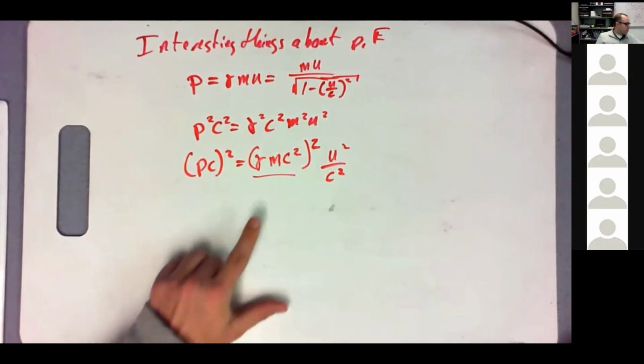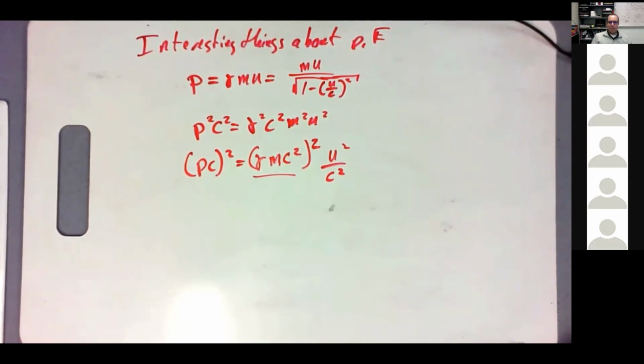But back to my question, what is this gamma mc squared? We defined that on the previous page. The mass energy, mc squared, is mass energy. What is gamma mc squared? Kinetic energy, right? That was not quite the kinetic energy. Kinetic energy was mc squared times gamma minus 1.